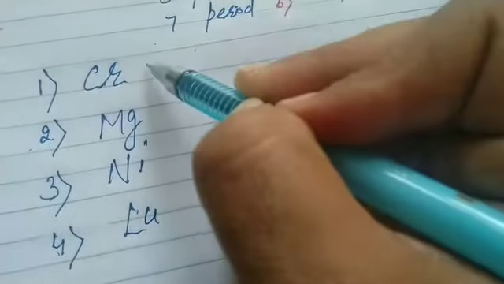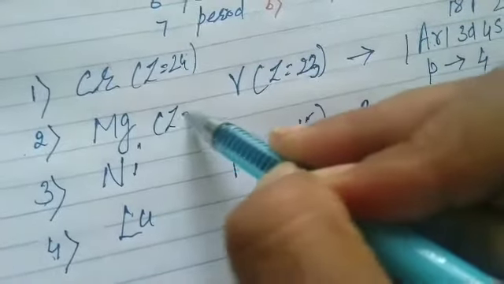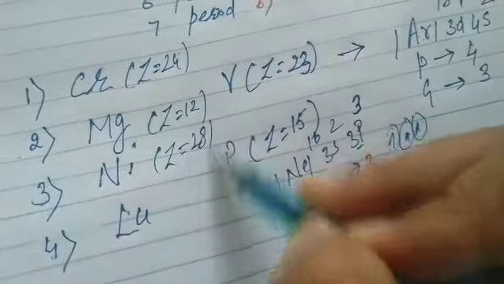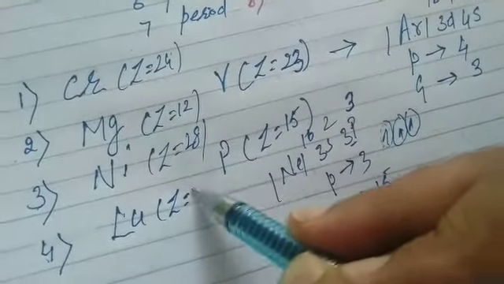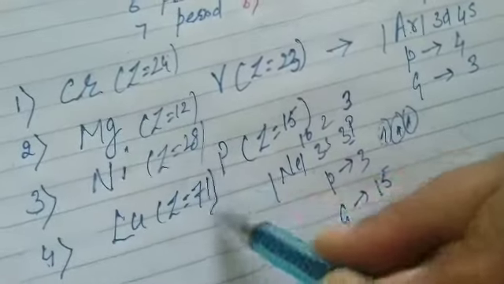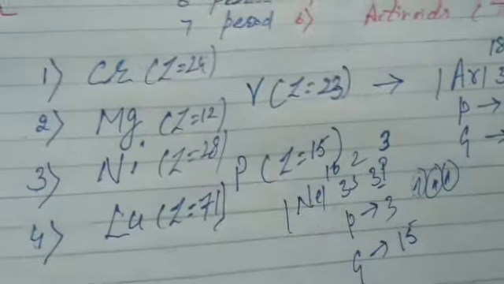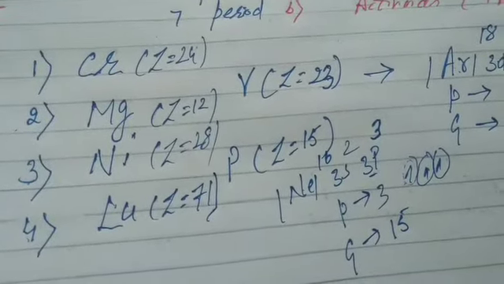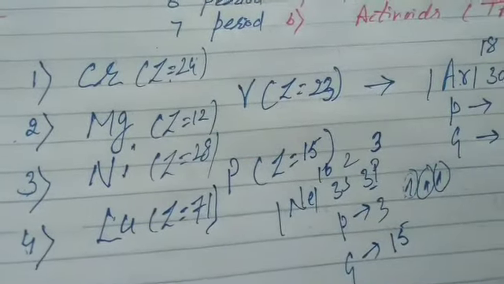I am mentioning the atomic numbers: 24, 12, 28. Lutetium 71, that is the last lanthanoid. Lanthanoids all belong to third group. Please mention to which group and to which period these elements belong. Thank you.